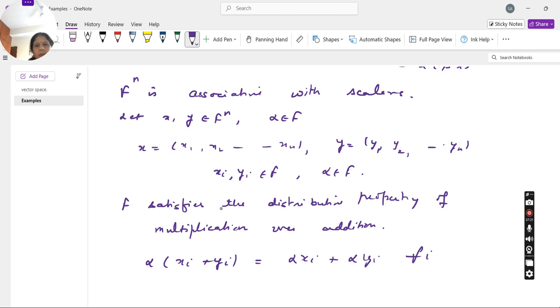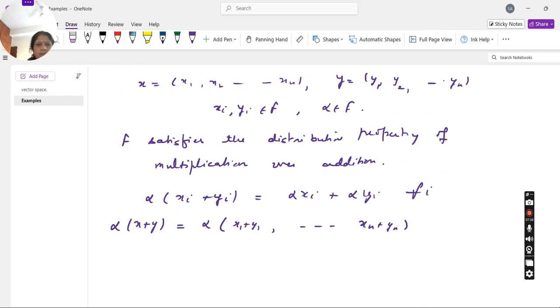So this means that alpha (x plus y), which is alpha (x1 plus y1, x2 plus y2, ..., xn plus yn), is now written as (alpha (x1 plus y1), ..., alpha (xn plus yn)).